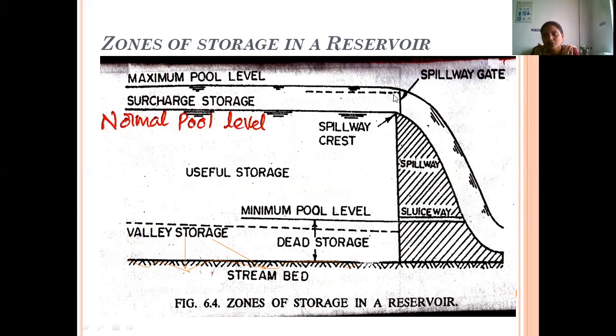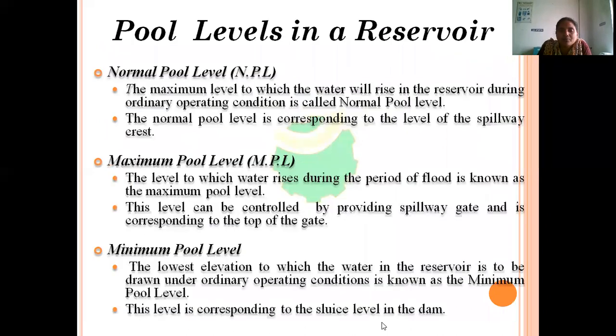If gates are closed, the water will stop here in the reservoir. If gates are open, then the water flows into the downstream. So that excess water, the water stored at the gates above the normal pool level, is called the maximum pool level.